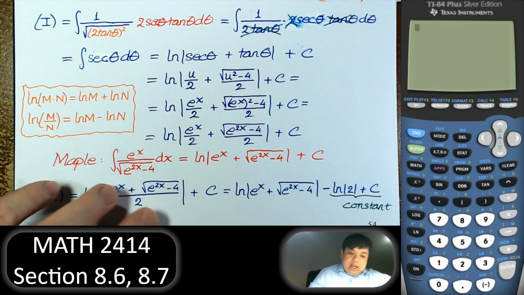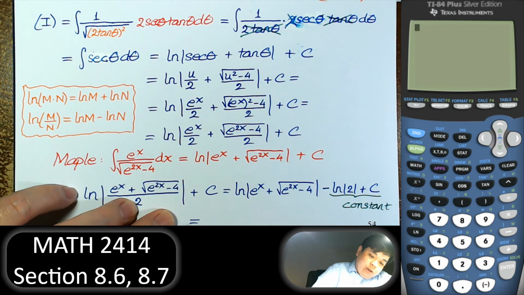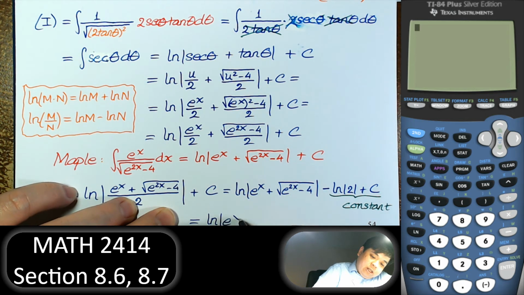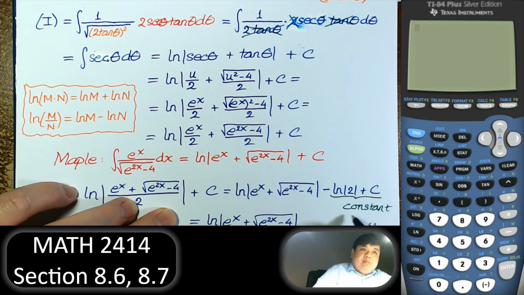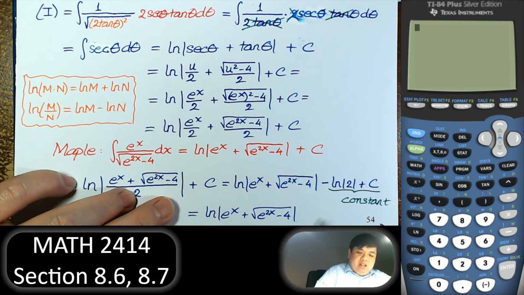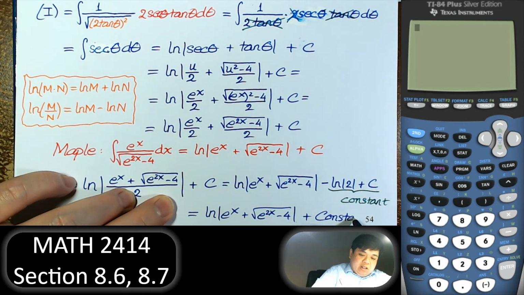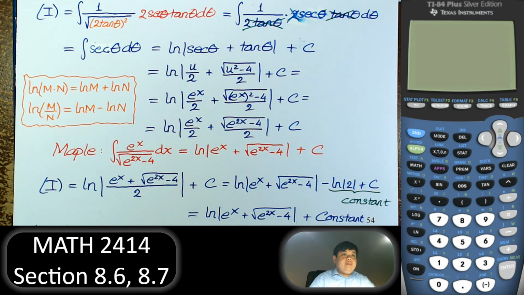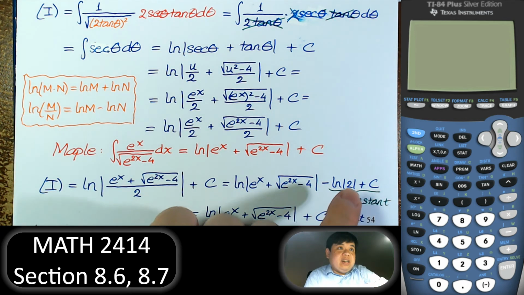So that's why we can just say this equals ln of e to the x plus a constant, minus a constant or plus a constant, doesn't matter. I'm going to just spell out the constant because that is different than this c.